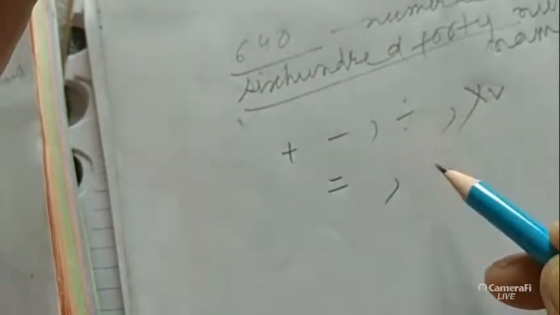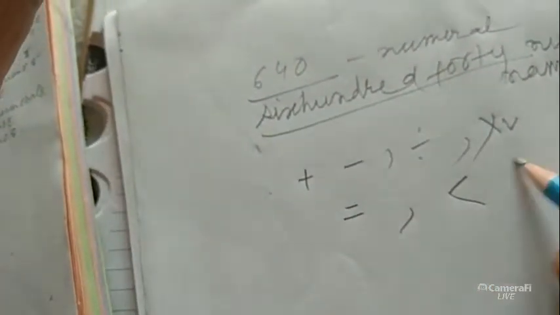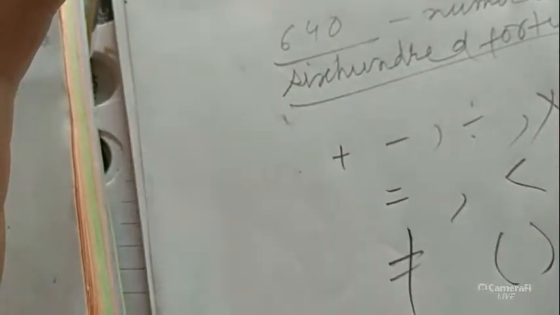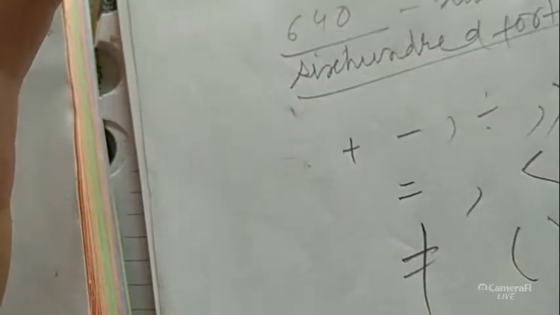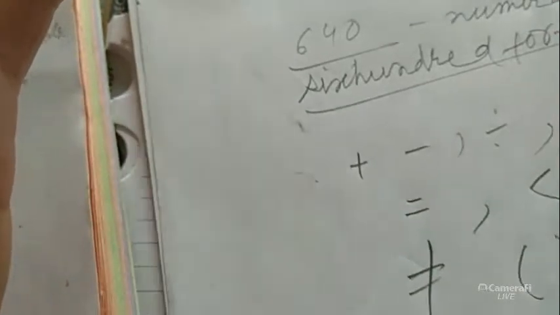Then equal to, lesser than, greater than, not equal to, all these you apply in simplification. These are the names of the brackets: curly bracket, curve bracket, then braces.